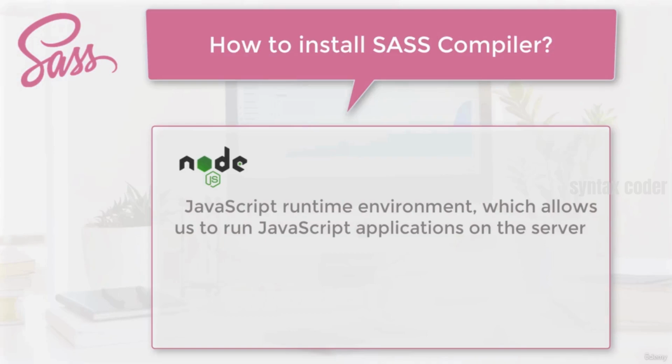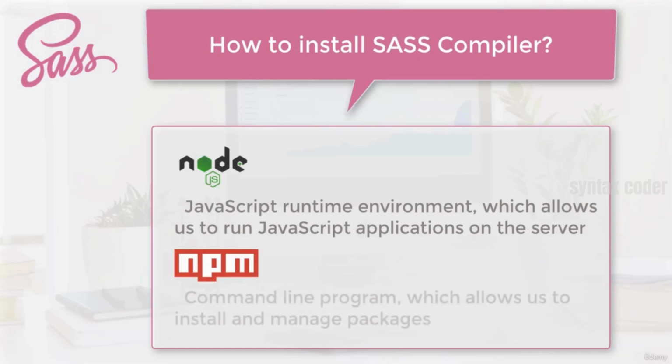If you are not familiar with JavaScript or Node.js, again, you don't have to worry because we are not going to use them. I mean, we won't write any JavaScript code. So we need Node.js because we should use npm, which is Node Package Manager. It is a simple command line program which allows us to install and manage some packages. In this case, we need to use it to install Node Sass package.